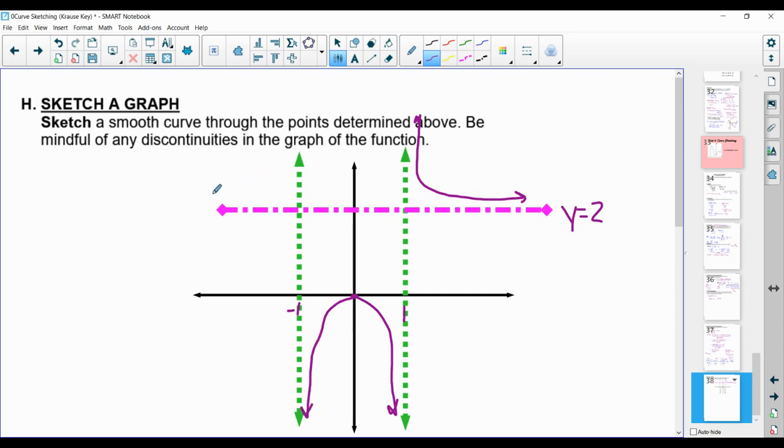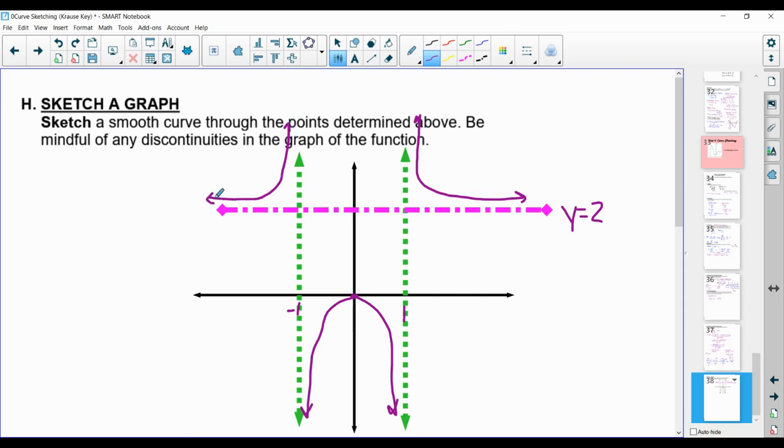And then we have this other part of the graph here that is also concave up, so it looks something like this. And it should be approaching that line, but never crossing. There we go, something more like that.